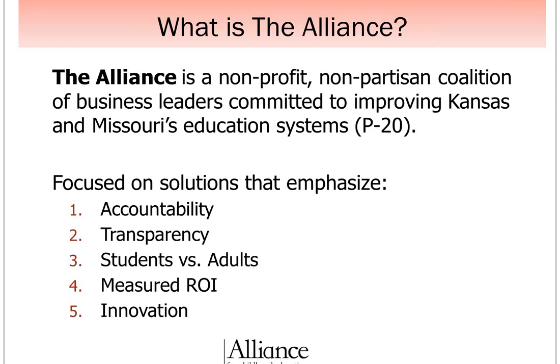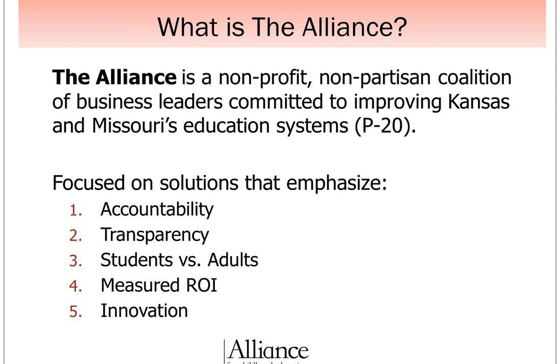We have five core principles that we care about as we look at solutions to what we perceive as a crisis in education, globally, nationally, and in Kansas and Missouri. That is accountability, transparency, a student orientation versus an orientation toward the adults in the system, and measured ROI for the investments being made in innovation.